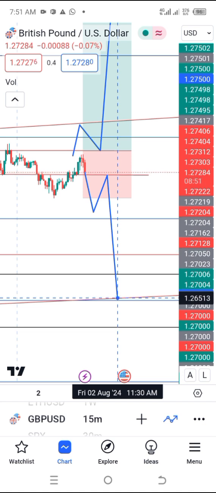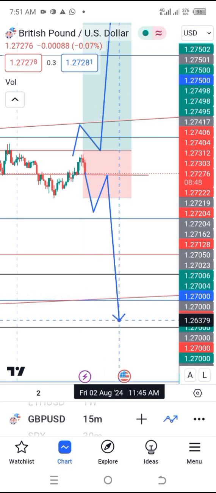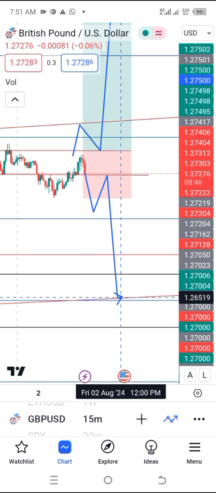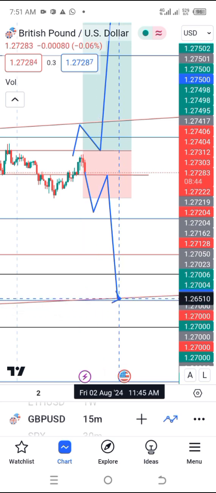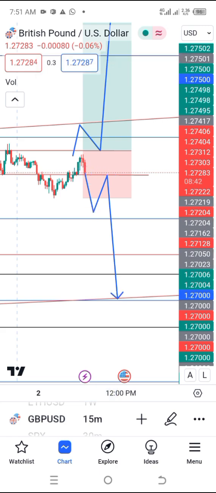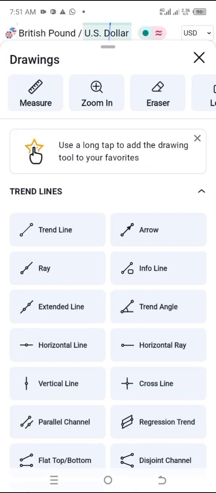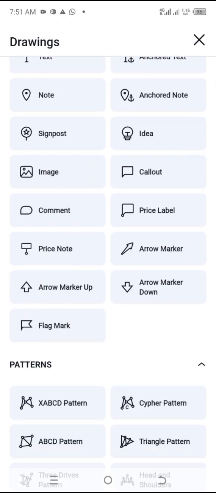So in this case, we'll be selling the market all the way down.